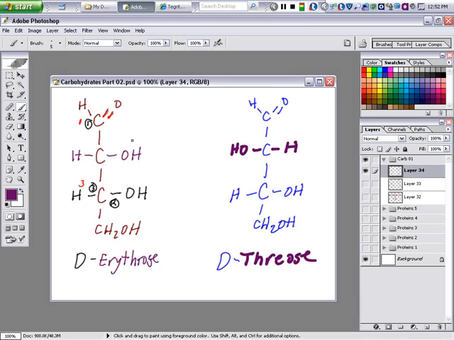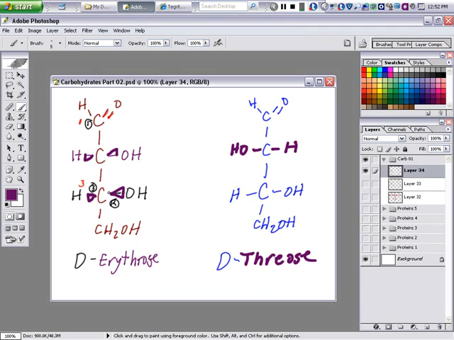And you have to remember for your Fischer projections, all of these are projecting outward. It's hard to explain here.